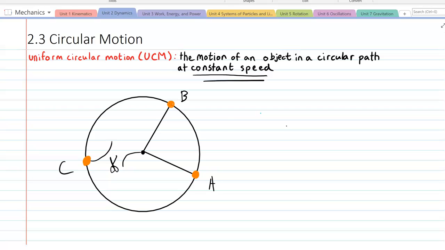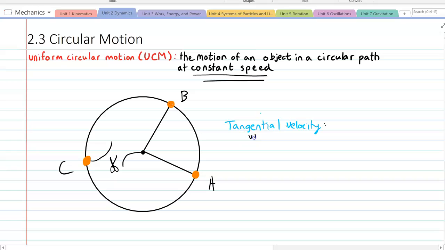The first thing we should actually know is that velocity kind of takes on a new meaning. It's called tangential velocity. It's still a vector, but it has a very specific quality to it.